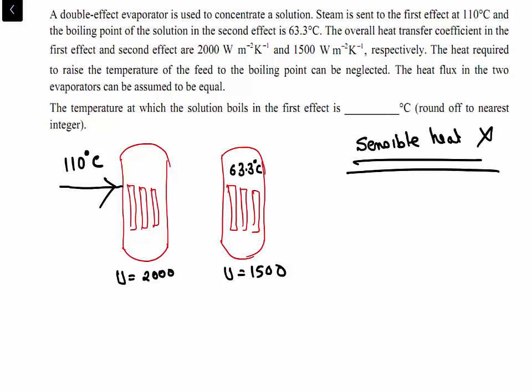Important point: the heat flux in the two evaporators can be assumed to be equal. So this is the first evaporator, this is the second one, and Q1/A1 equals Q2/A2.